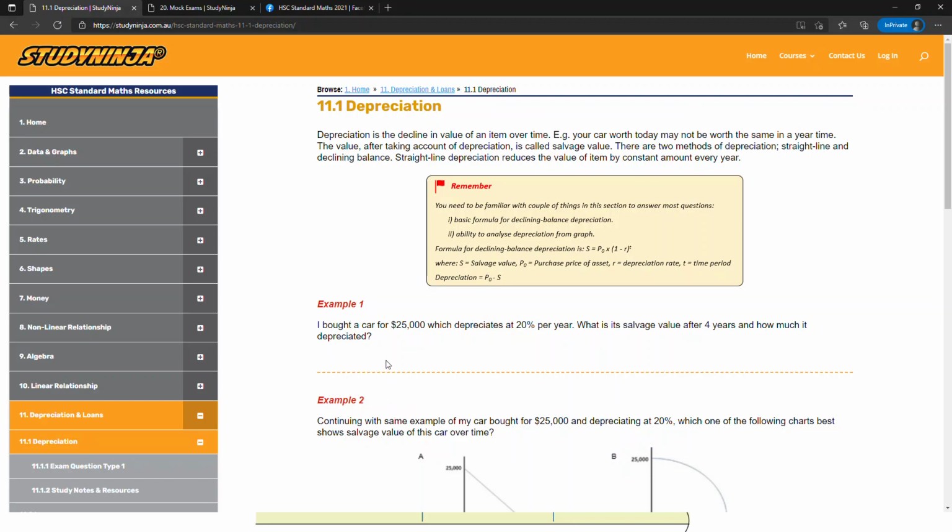If you go to Study Ninja topic 11.1, the things that you need to know for these kinds of questions are not that many. What you need to know is this basic formula: for declining balance depreciation, the salvage value is equal to the purchase price times 1 minus the rate of depreciation, to the power of the period that you're looking at.